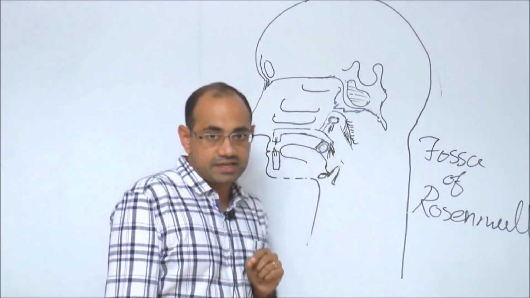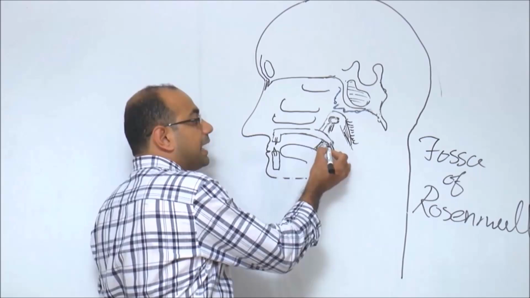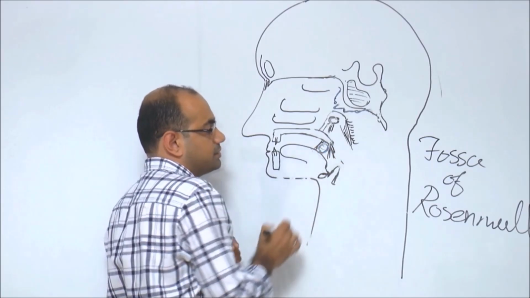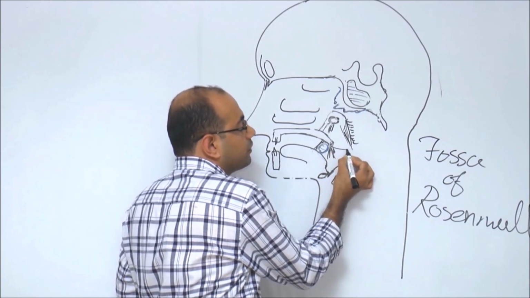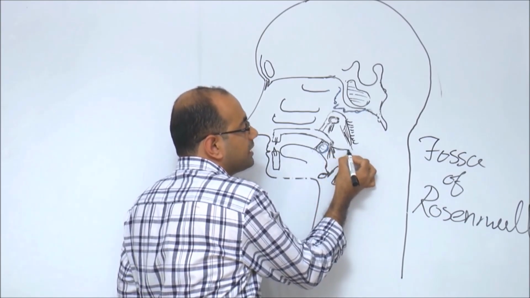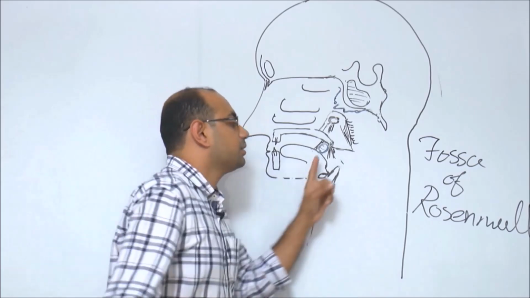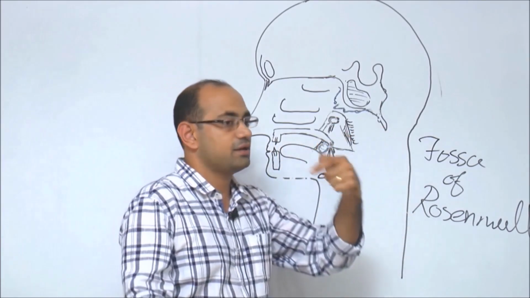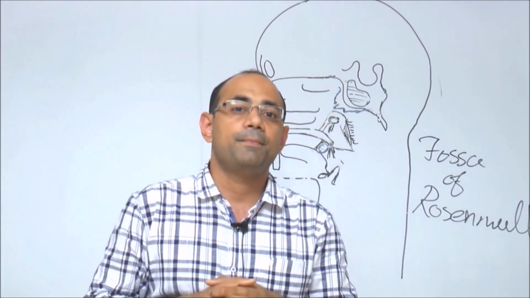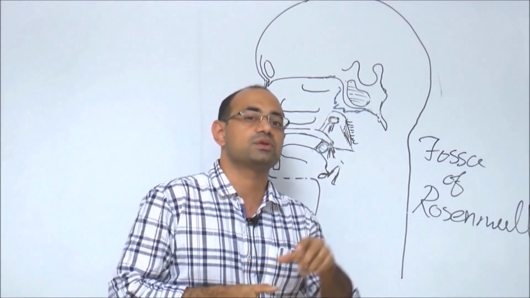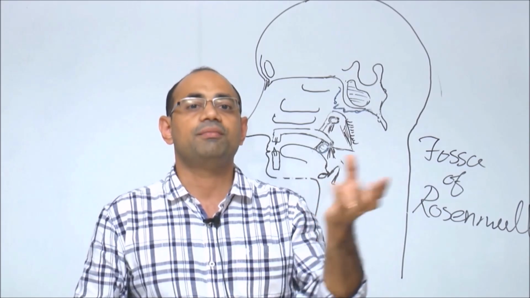There is a specialty about this palatopharyngeal fold, or the palatopharyngeal muscle. It has fibers which are going horizontally like this, and those fibers form a kind of ring on the posterior aspect of your pharynx, and that is called your Passavant's ridge. It is also a favorite question of many of the examiners.